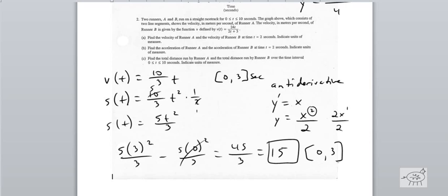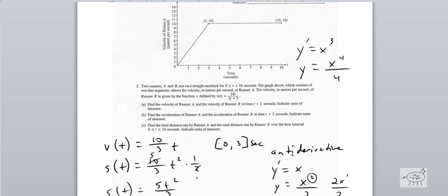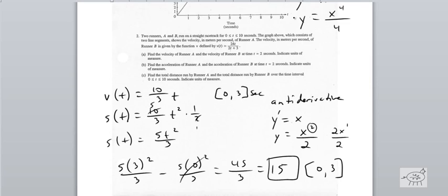Okay? And then I also want to figure out my velocity from 3 to 10. Well, if you look at the original graph, do you guys agree the velocity is constant at 10 meters per second? Because it's a horizontal line. So from 3 to 10, it's going 10 meters per second.